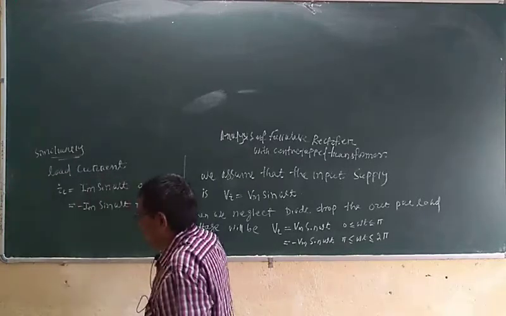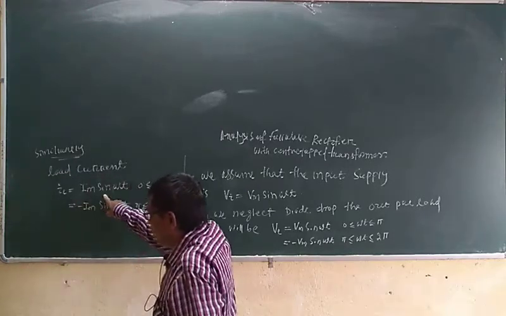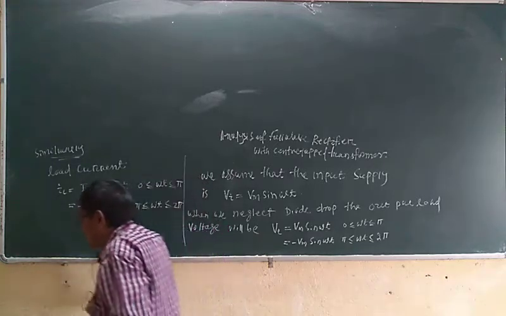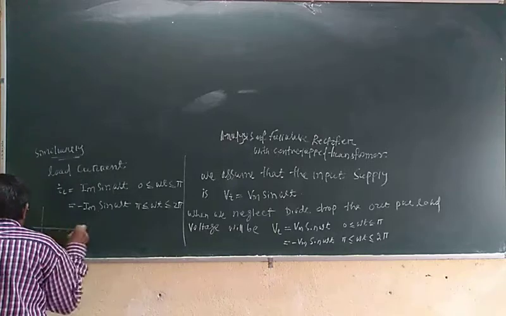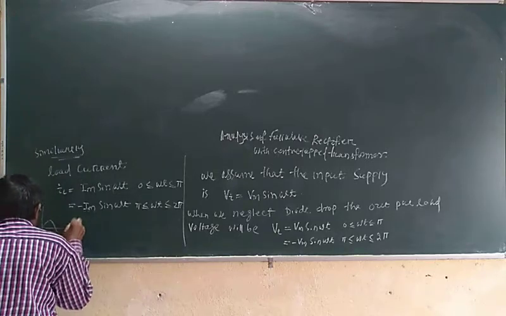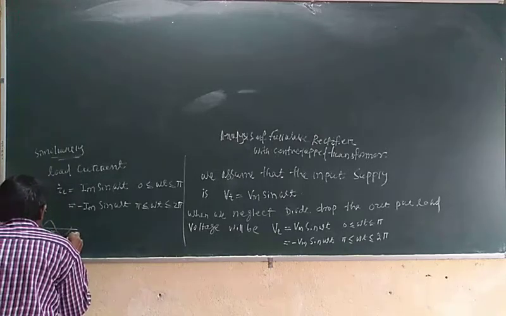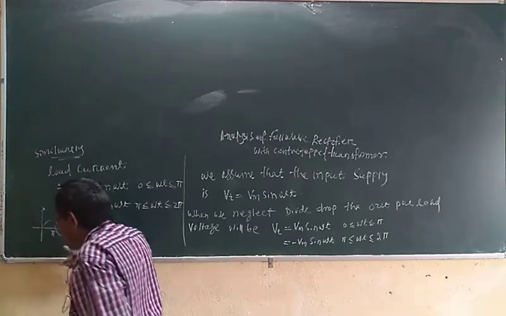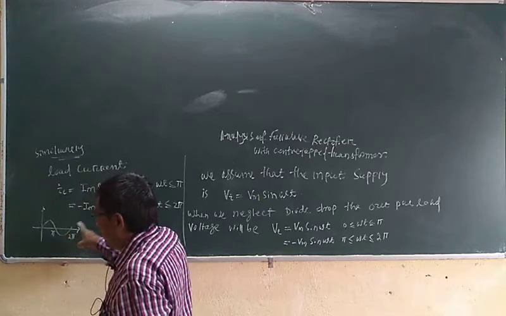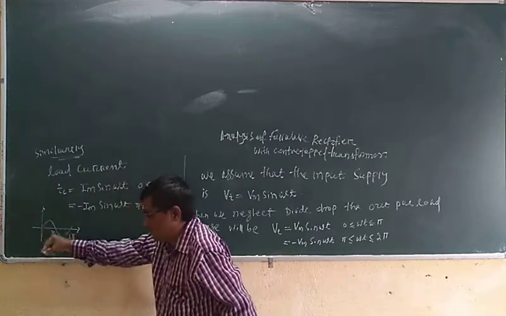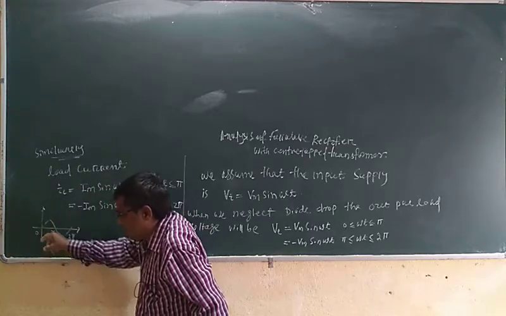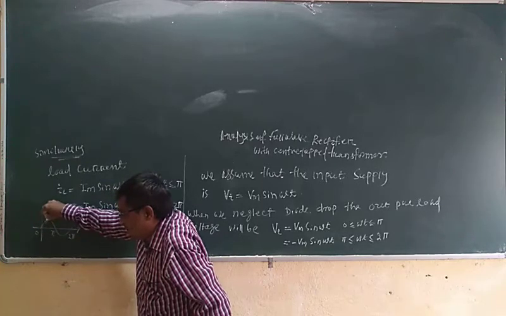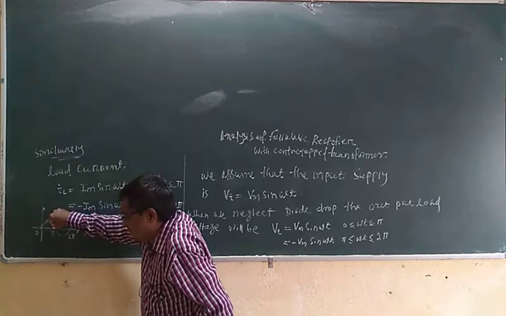Now the load current IL is Im sin omega t. So this is the input waveform. This is the pi and this is the 2 pi. Now the output load current when rectified by the rectifier circuit, starts at 0 and at pi the current rises and reaches the maximum point, and then returns to the axis.